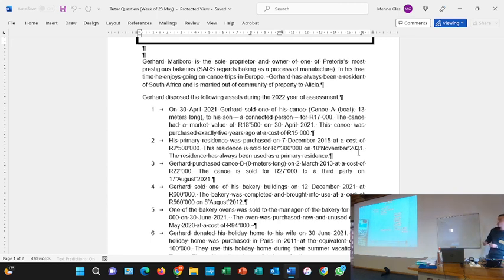Do you all agree with the amount that I've got for taxable income? Because I know for the 2022 year of assessment, the one I did it correctly.